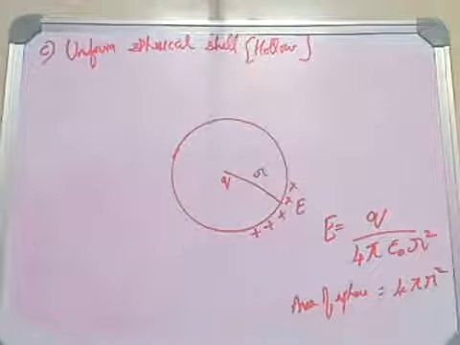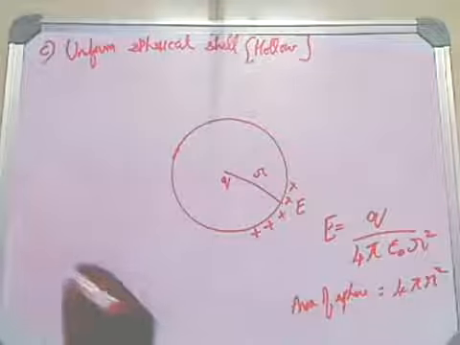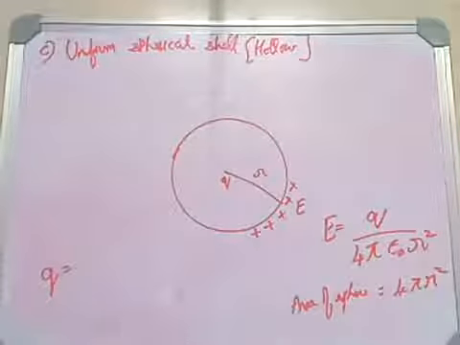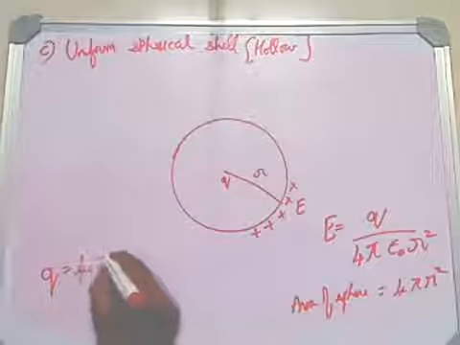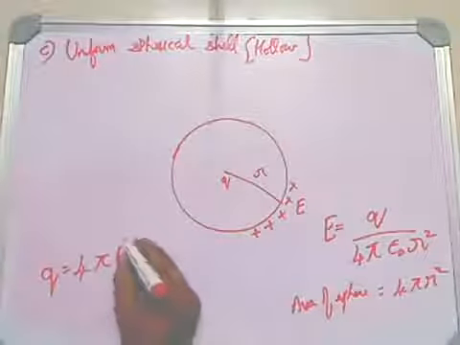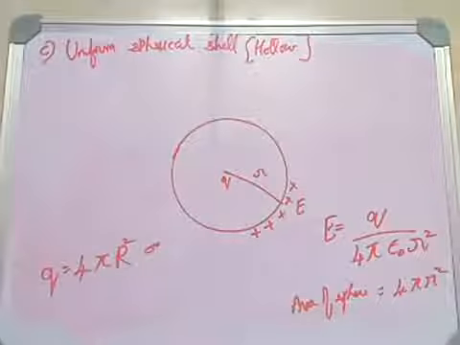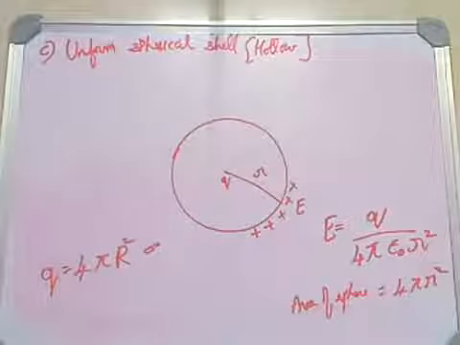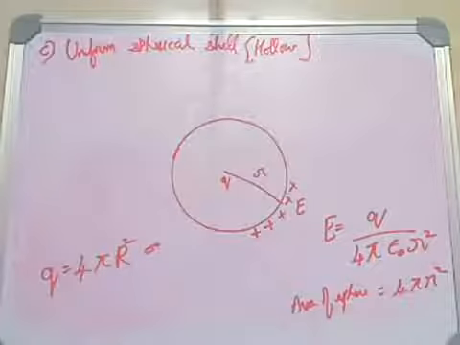Now, one more thing that you can consider here, the value of Q, the total amount of electric charge that is present here, is 4 pi r square multiplied by the charge density. Now, this is how you arrive at the electric field on a uniform spherical shell.